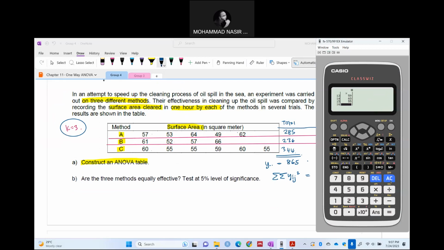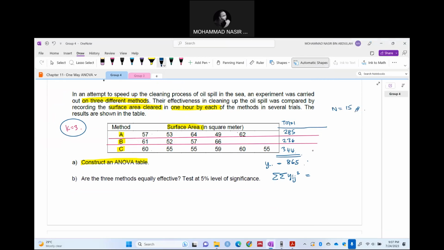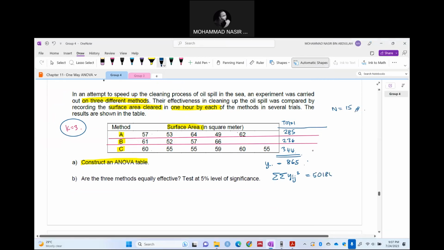So altogether 15, right? So we need to find the summation of x square, which is equal to 50185. So this is 50185.